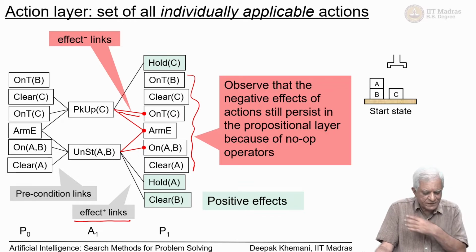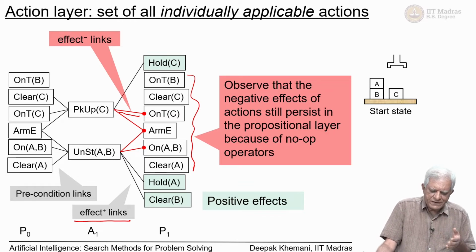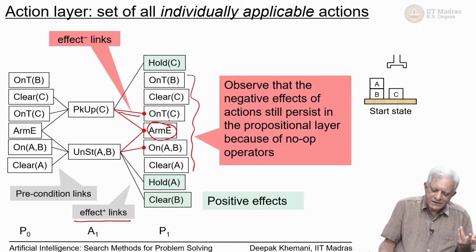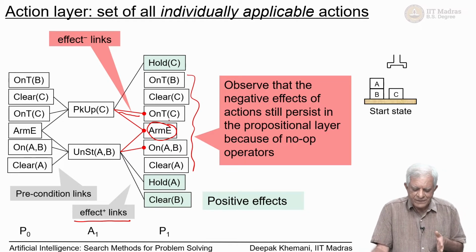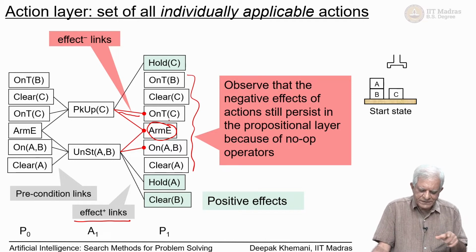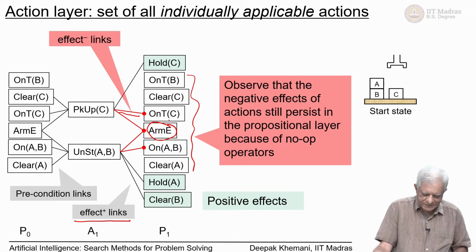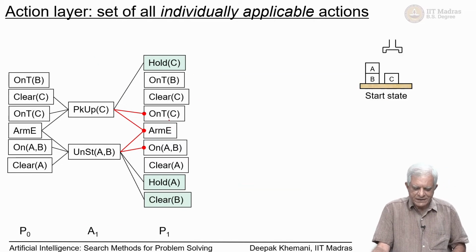So, even though some of them are being deleted, for example, whether you pick up C or whether you unstack A from B, arm empty is definitely going to be deleted, but it is present in this layer because of the no op operation. It is a delete effect of both these actions, but it is present in the layer, that is the important thing.